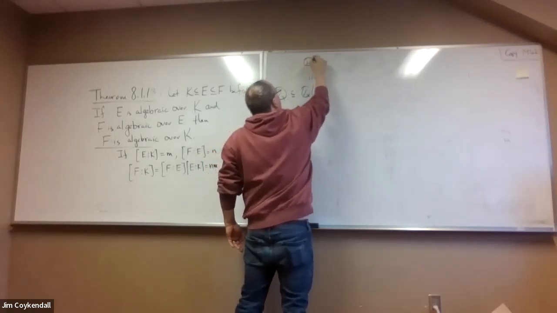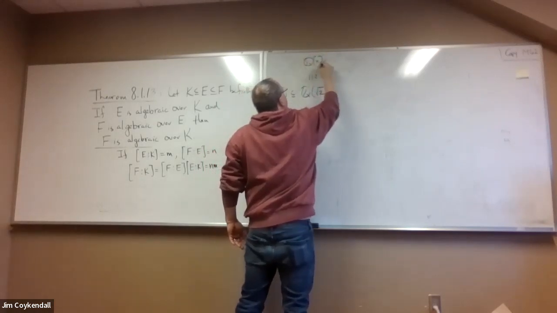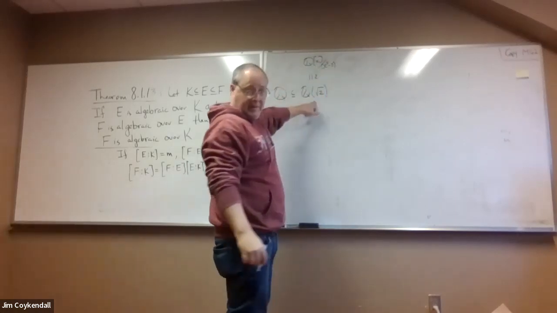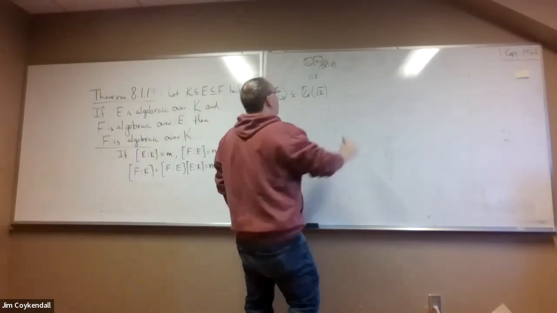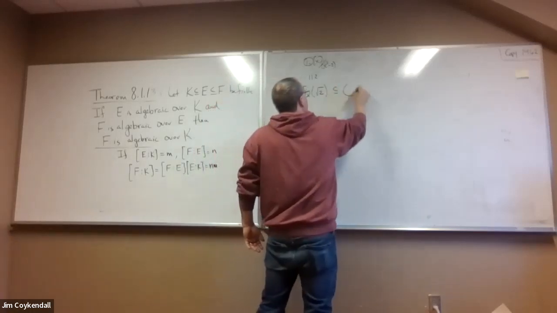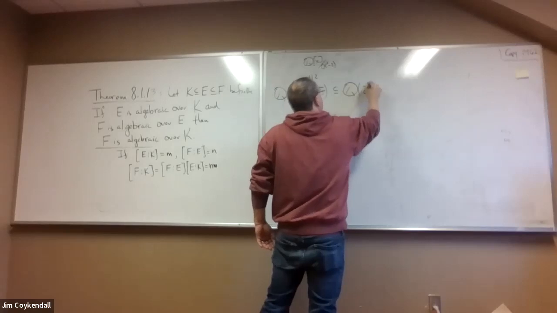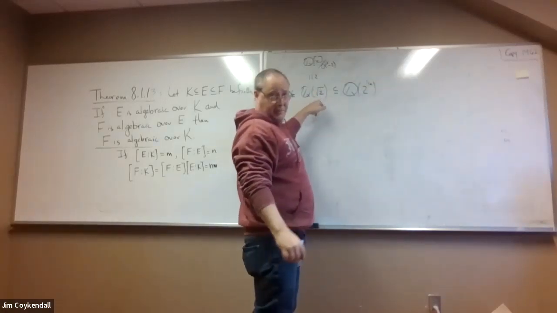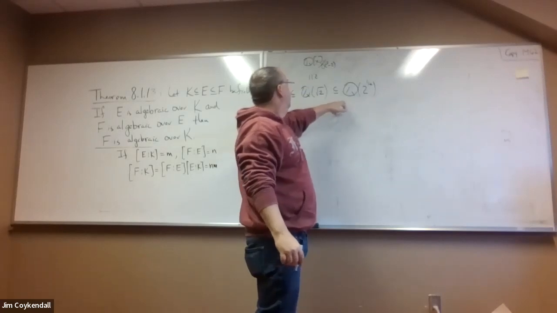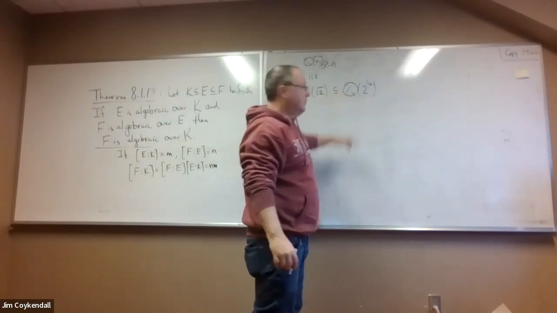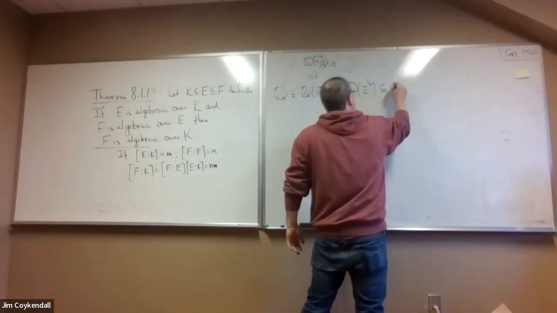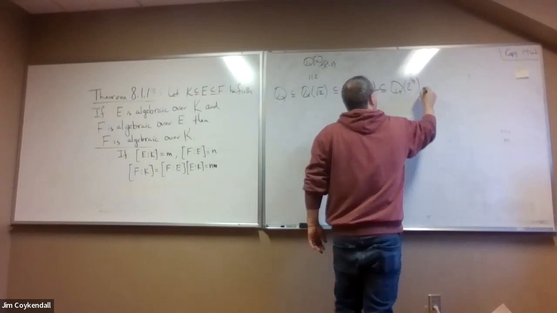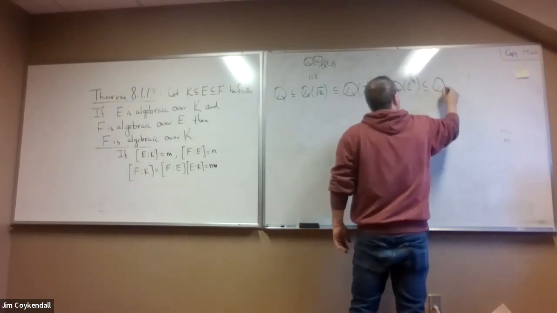This is Q[x] modulo the irreducible polynomial x squared minus 2. Now take the square root of 2. Now this extension is degree 4 and it's algebraic. And you might at this point see where I'm going with this.